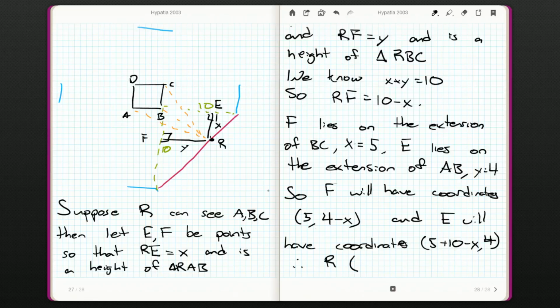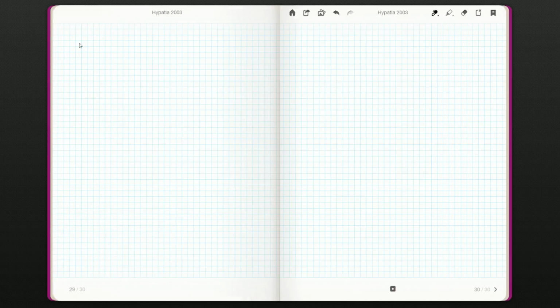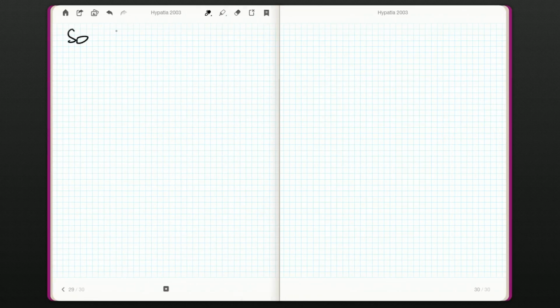So this tells us if we combine the coordinates, R is going to have x coordinate 5 plus 10 minus x, and y coordinate 4 minus x. So R is really at 15 minus x, 4 minus x.